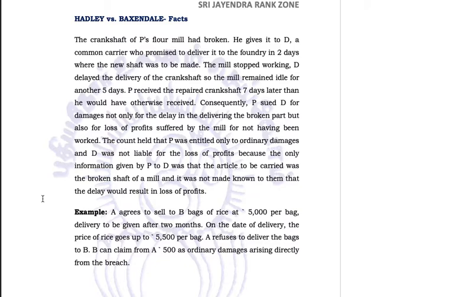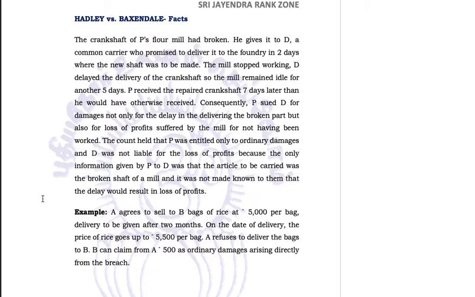P received the repaired crankshaft 7 days later than he would have otherwise received. Consequently, P sued D for damages not only for delay in the delivery of the broken product, but also for loss of profit suffered by the mill for not having been worked. So now he could not work for 7 days, 5 extra days the mill could not work.